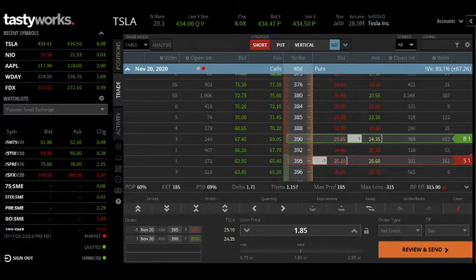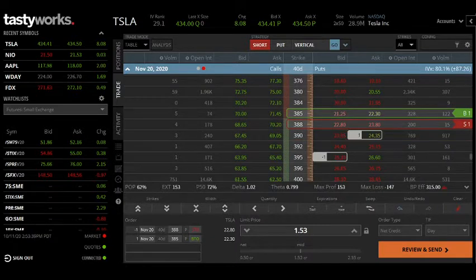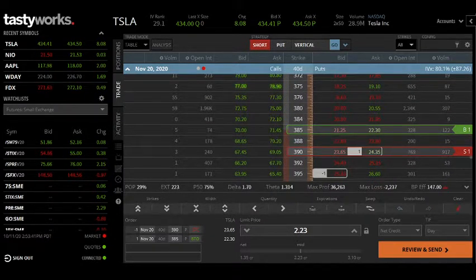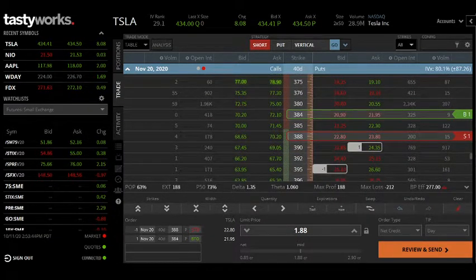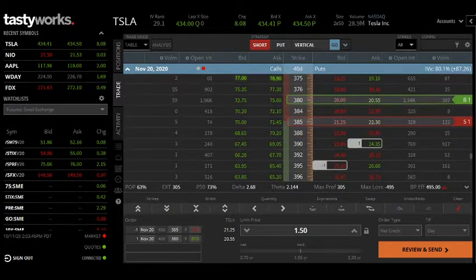Notice how I usually already have a lot of these more liquid stocks on. $185, $180, $385, $380. Exactly 1/3 of the width of strikes. 64% probability of profit. It's probably a little more. Tesla is so volatile though. IV at 80%, so its expected moves are very, very high. That's why the probability of profit isn't quite as much.